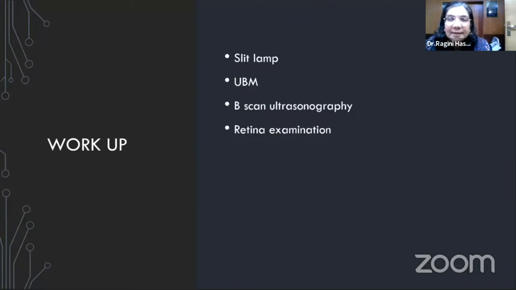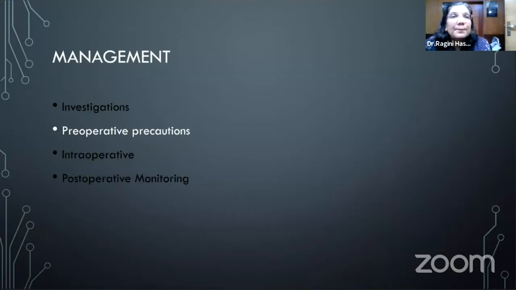So this completes the gamut of a complete workup, along with measurement of intraocular pressure, because patients who had trauma or associated disease could be having glaucoma, so that should be taken care of. These things are very, very important.